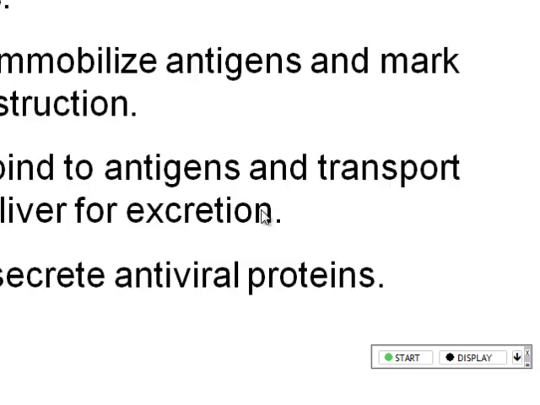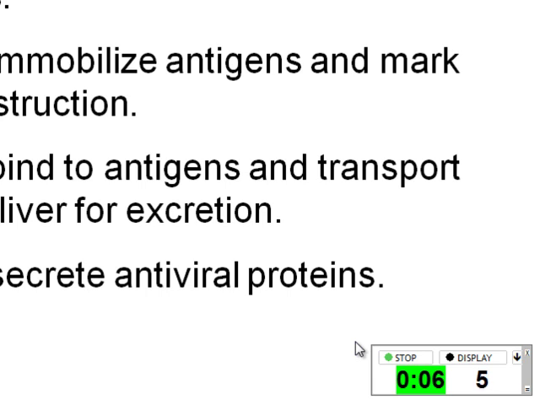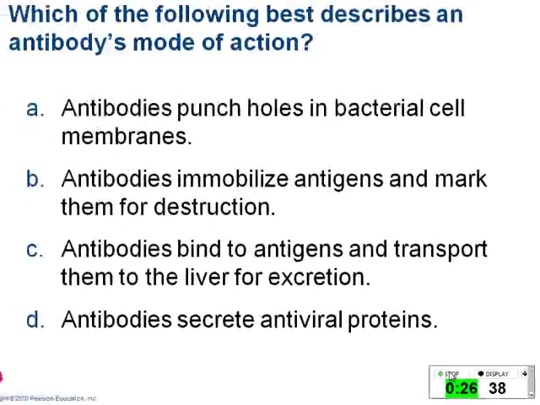Which of the following best describes an antibody's mode of action, how it works? Five, 4, 3, 2. What's the answer?